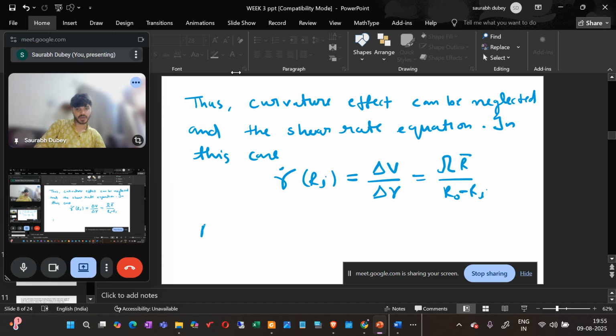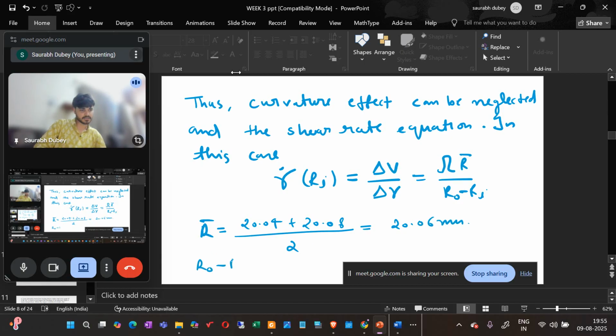So R bar is what? 20.04 plus 20.08 divided by 2, 20.06 mm. R0 minus Ri equals 20.08 minus 20.04 equals 0.04 mm, right?